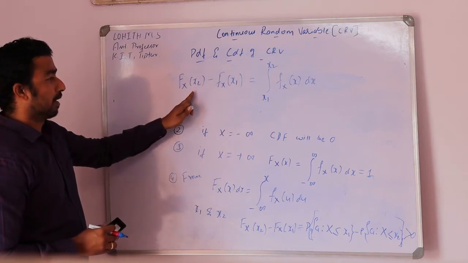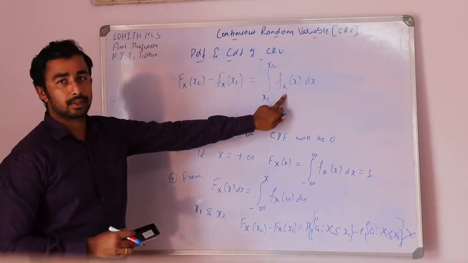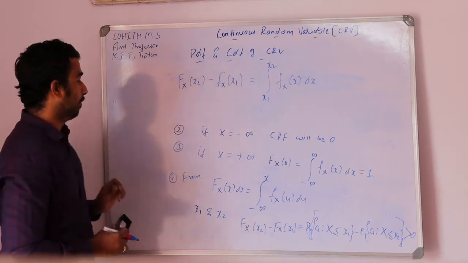If a pair of random variables x1 and x2 is considered, then this is the PDF, the probability density function.